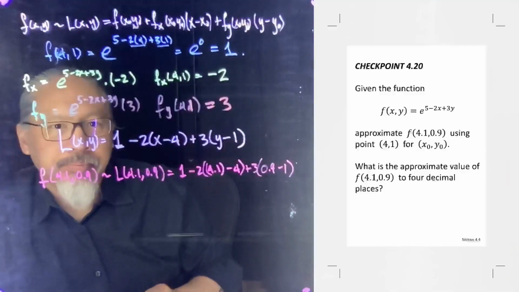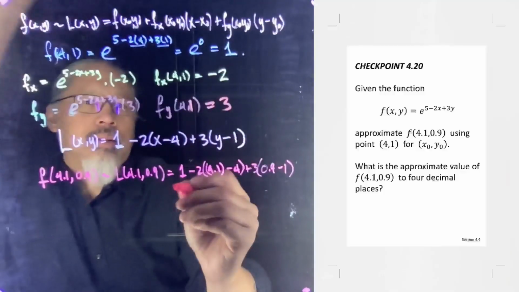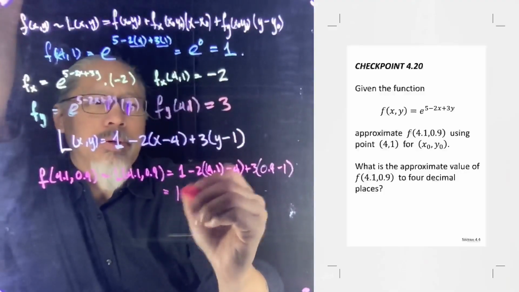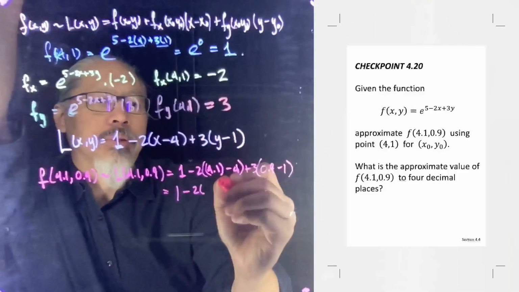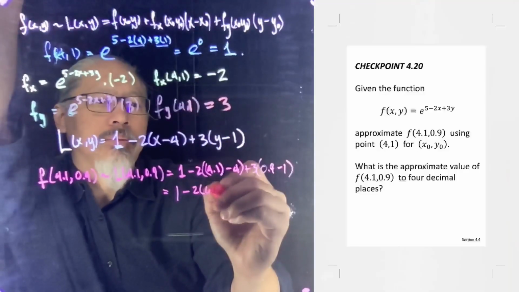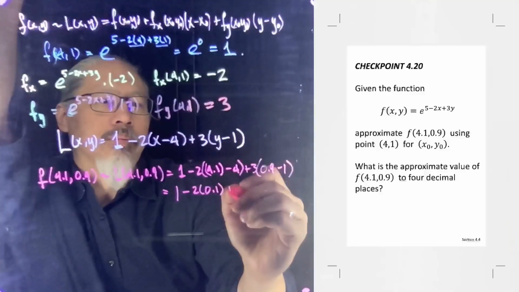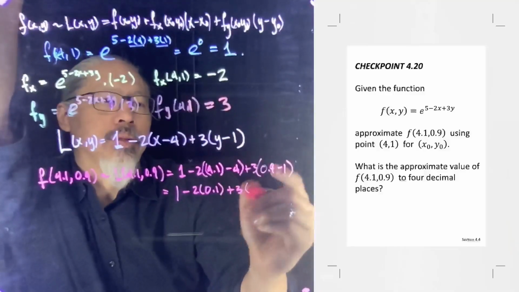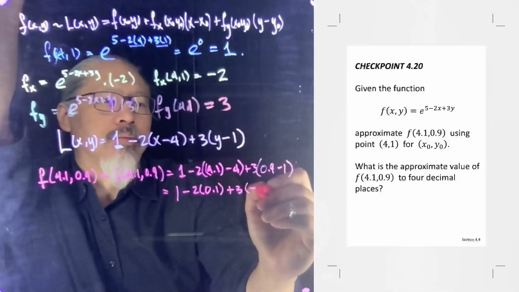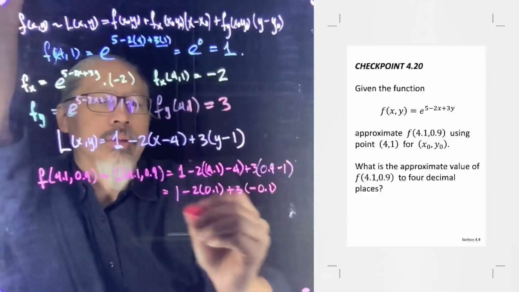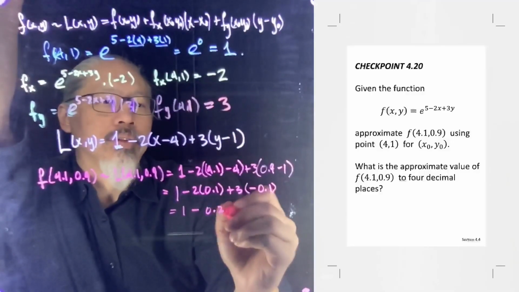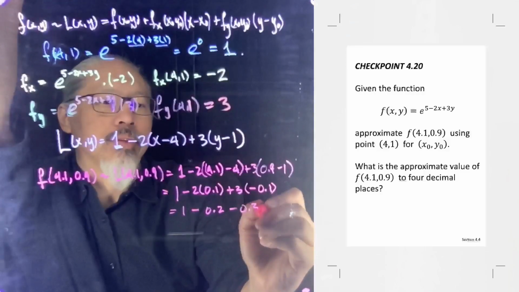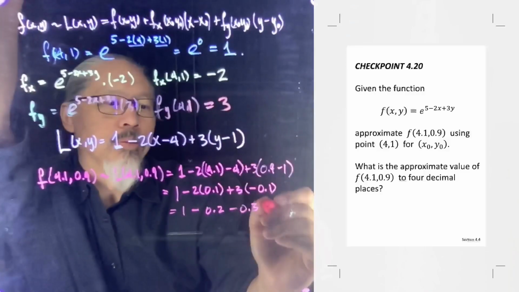All right. So we have 1, and this is minus 2 times 0.1 plus 3 times negative 0.1. And we have 1 minus 0.2 minus 0.3, so that's 0.5.